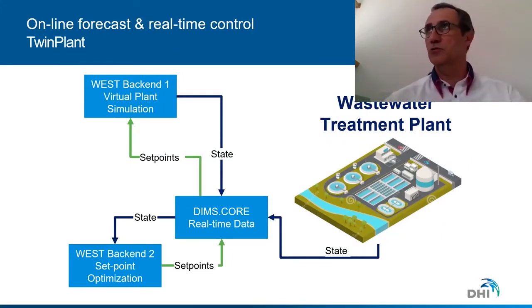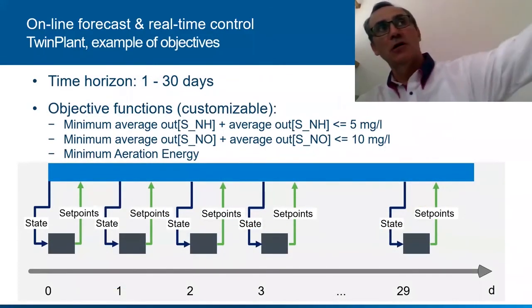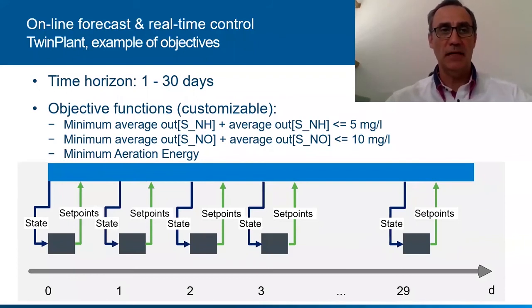We can call it also auto calibration, and the other is running the set point optimization based on the objective functions that we would like to optimize, because we can optimize against the cost of the chemicals. We can optimize some objective functions such as aeration energy or anything like that. One of the objective functions could be the minimum of aeration energy.